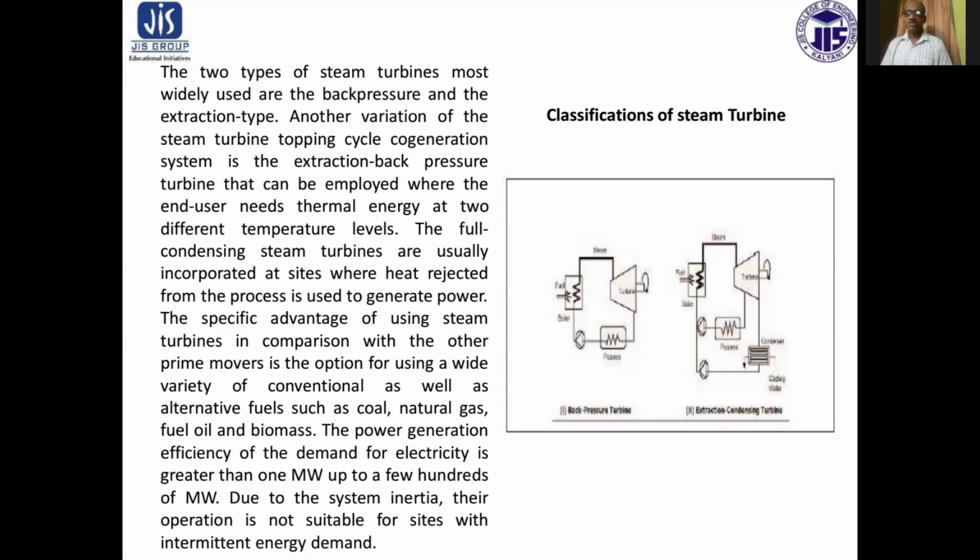The power generation is suitable where the demand for electricity is greater than 1 megawatt up to a few hundred megawatt. Due to the system inertia, the operation is not suitable for sites with intermittent energy demand.